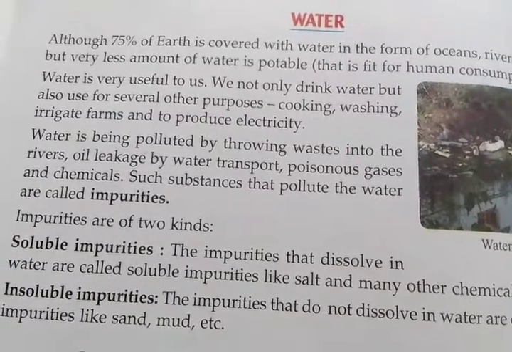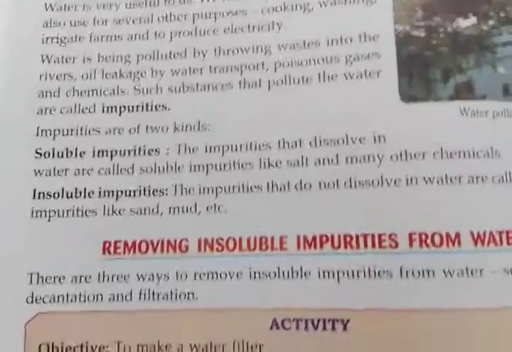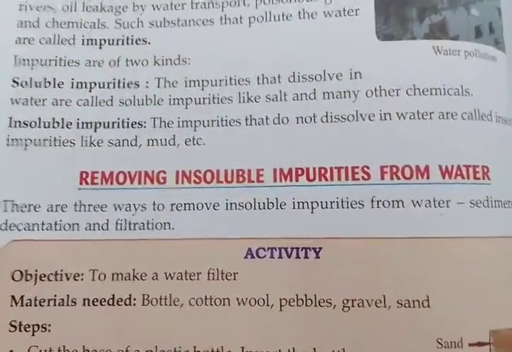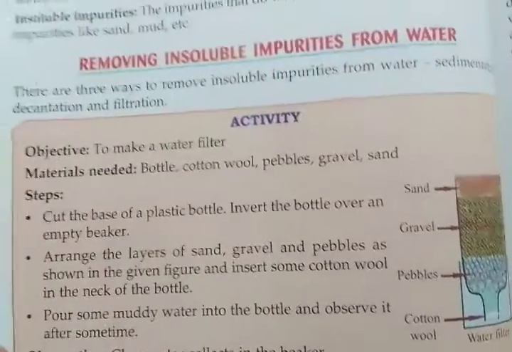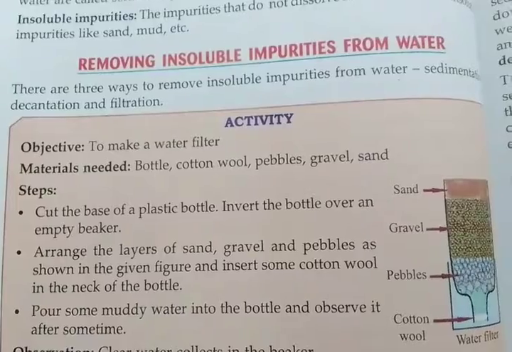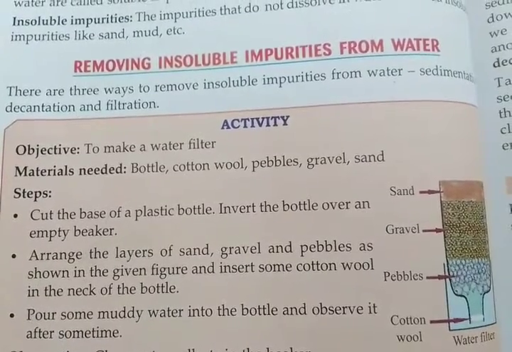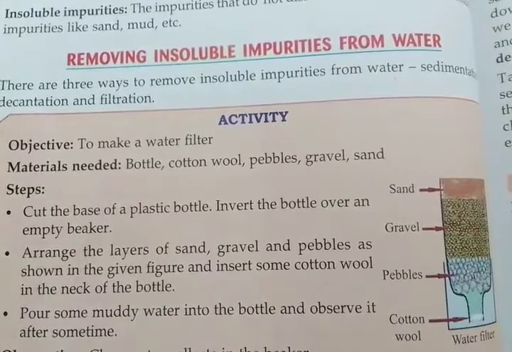And impurities are of two kinds, soluble and insoluble. Impurities that dissolve in water are called soluble impurities, like salt and other chemicals, and insoluble impurities do not dissolve in water, like sand, mud, etc.